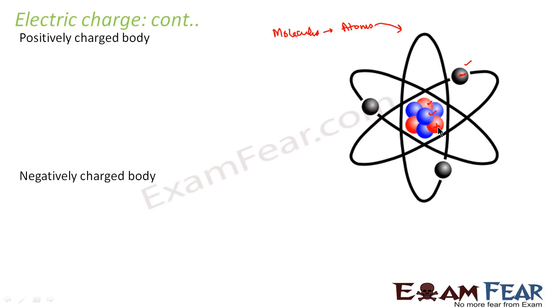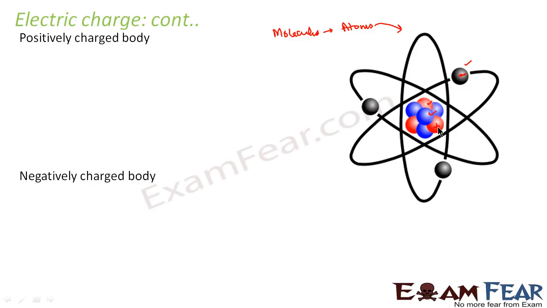So a body becomes positively charged or negatively charged because of electrons. If an electron enters the body, that means one more negative charge is entering, so the body becomes negatively charged. If one electron leaves the body, that means the body is getting rid of one negative charge, so the body becomes positively charged. Right? Very simple to understand.